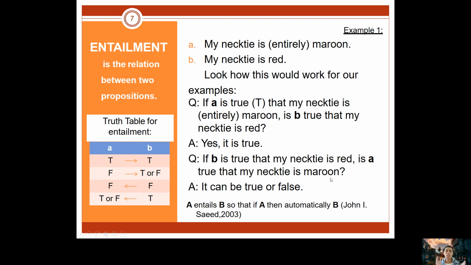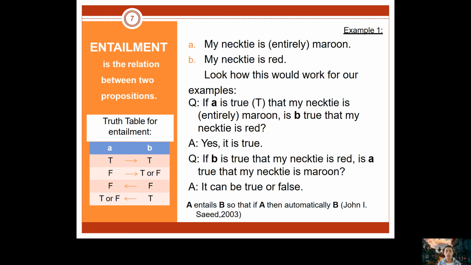Okay, I will explain to make it easy. If we say my necktie is maroon, it automatically means red, because maroon is part of red, right? But how about if my necktie is red?